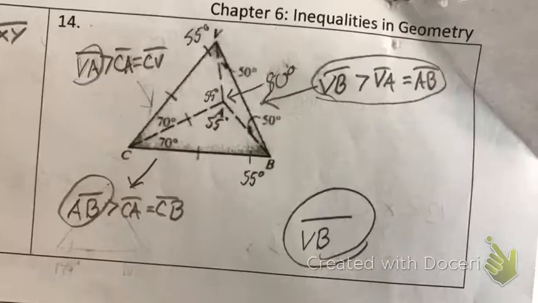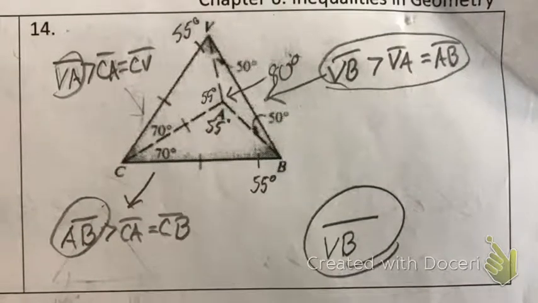All right, so the first thing you'd have to do is get all your angles, right? So I start with, okay, this is 50, this is 50, so that measure right there has to be 80 degrees. And then we went ahead, and what other stuff did it give us here?